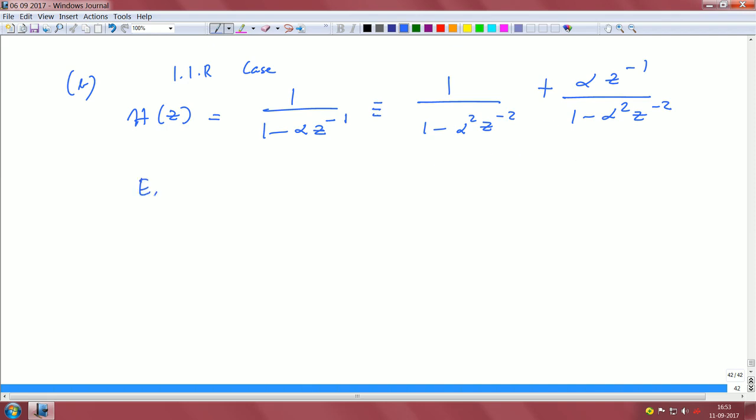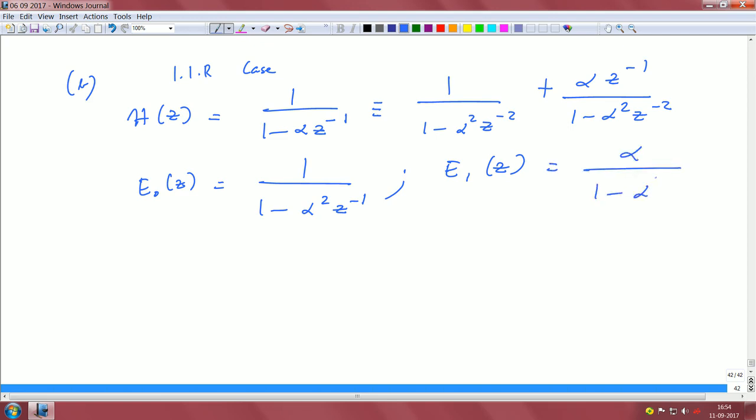Now my E naught of z is 1 upon 1 minus alpha square z power minus 1, and E1 of z is basically alpha upon 1 minus alpha square z power minus 1. Right, these are two sub filters in the same form.